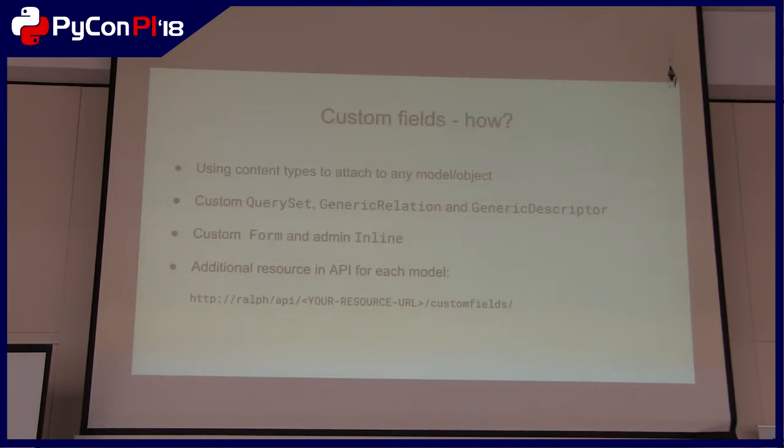And how do we do this? We used content types here to attach the custom field value to any object. Of course, we have to write some custom query set, generic relation, and generic descriptor.